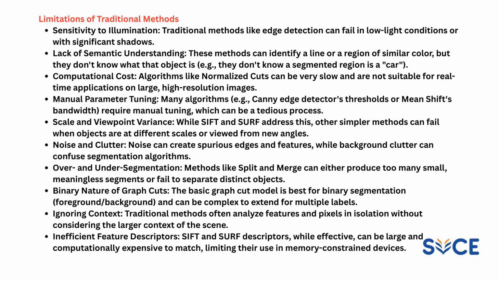So extending this framework to handle multiple labels, for example segmenting a car, a person, and a tree all at once from an image, is a complex and computationally challenging task over and over again.